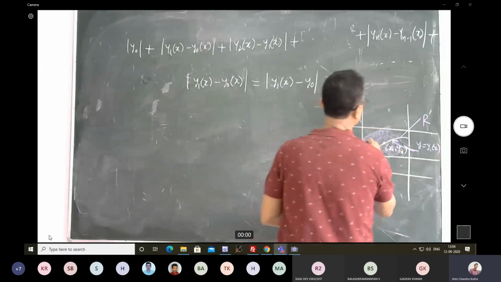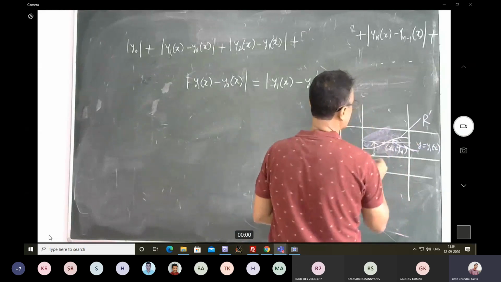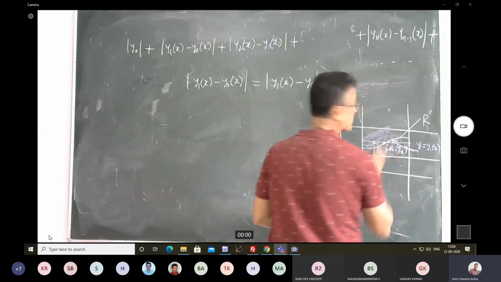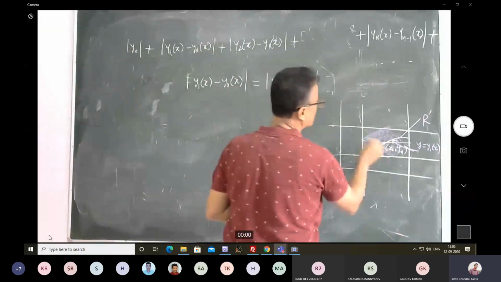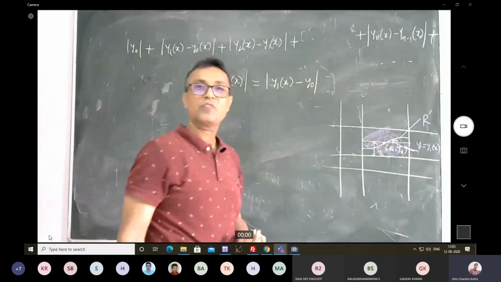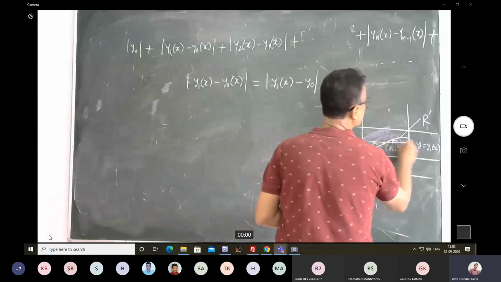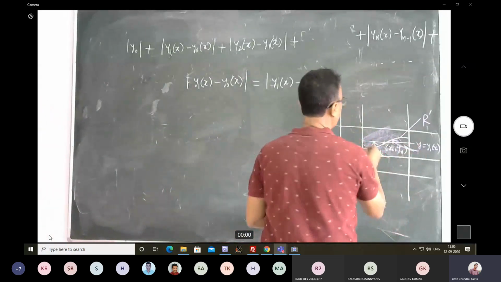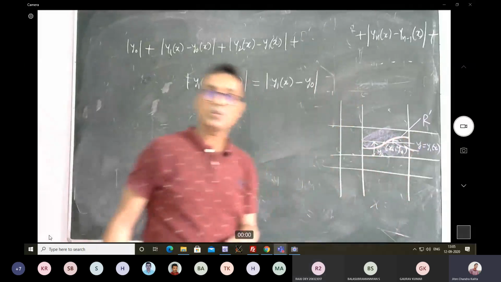So then this distance is your y naught. Basically, I'm simply trying to see the distance of this line from the curve given by y1(x).